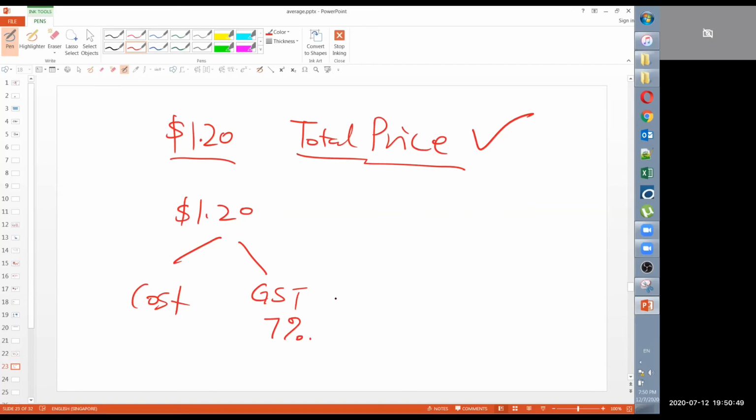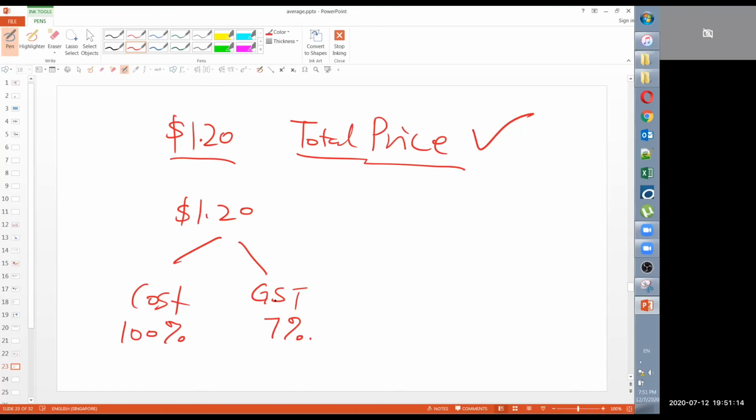The cost is always how many percent? You always start with how many percent? 100%. Correct. The GST is 7%, but for the cost, you always start with 100%.